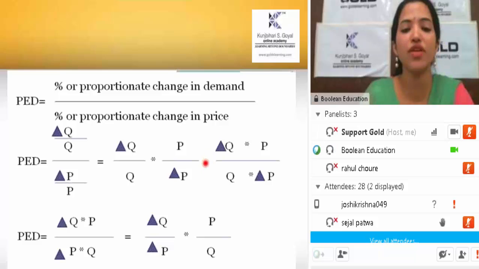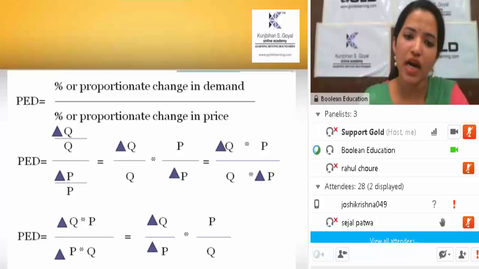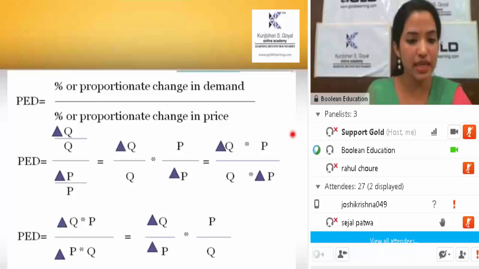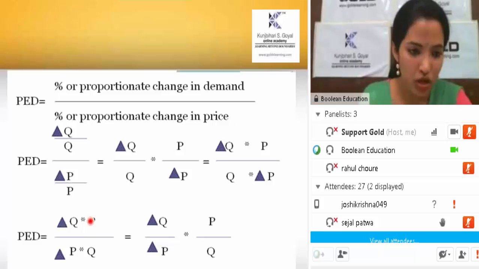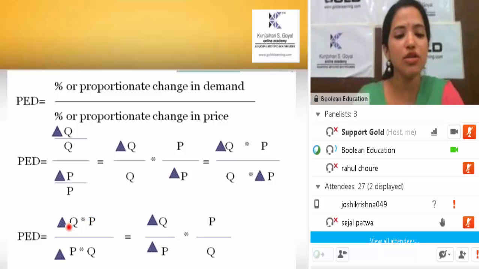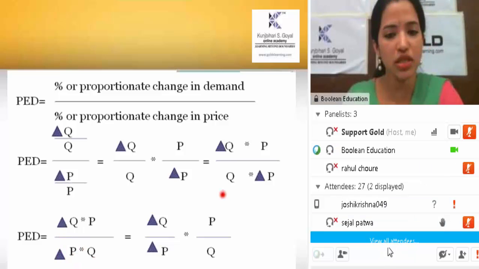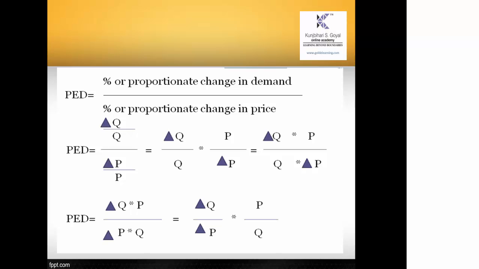Moving ahead, what we have done here is now हमने सब स्ट्रेट लिख दिया. कैसे लिख दिया देखिए, डेल्टा Q into P divided by Q into delta P, right. अभी हम just rewriting it in a different mode, right. So next देखिए 4 into 2 लिखिए या 2 into 4 लिखिए, आंसर इज सेम. यहाँ हमने वही किया है, डेल्टा Q into P divided by delta P into Q. Can you see this denominator? हमने सिर्फ इसको जगह चेंज किया है. We are just rewriting this equation. कुछ भी इसमें डिफिकल्ट नहीं है.